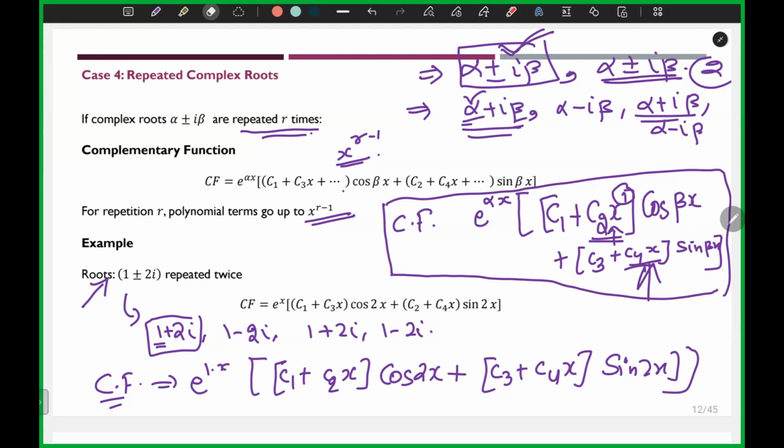I think this was the form. As far as I remember, if anyone knows, you can correct me. Otherwise I will tell you if this is not the correct way of writing it. E to the alpha x cos hyperbolic root beta x and sine hyperbolic root beta x. Is it correct?